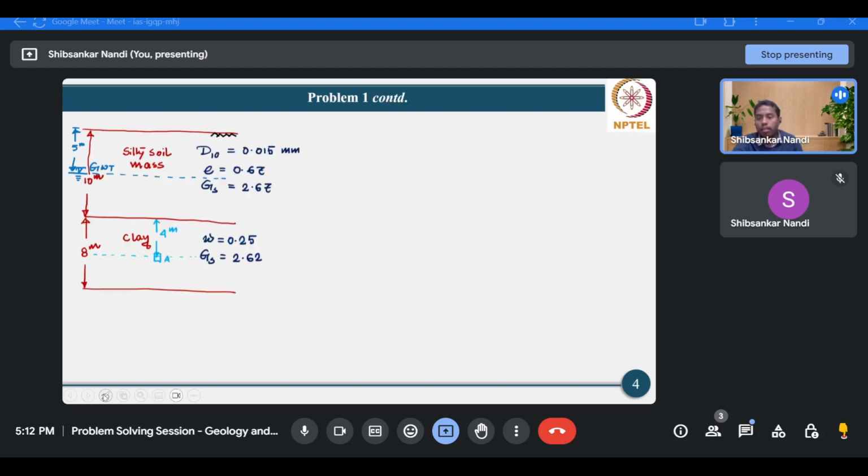Why is it essential to calculate the capillary height? Because we know that due to continuous void spaces inside the soil mass, even above the groundwater table, some soil will be under complete saturation due to capillary action.